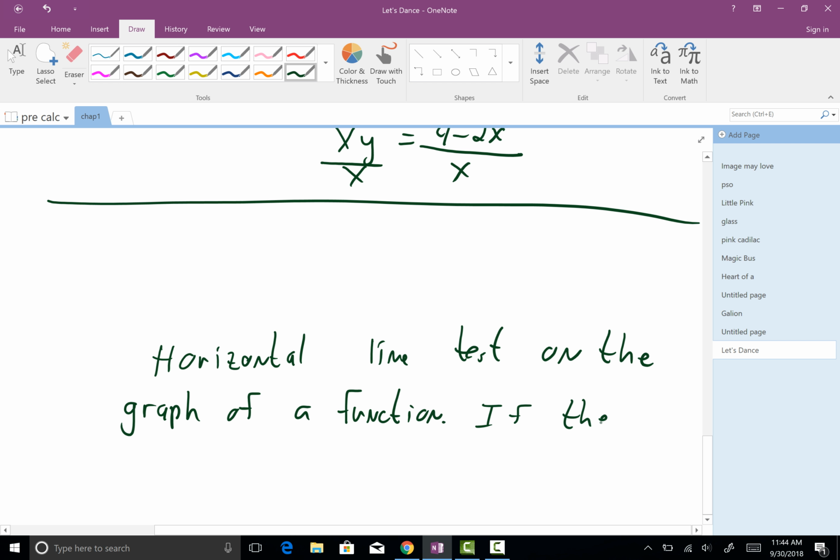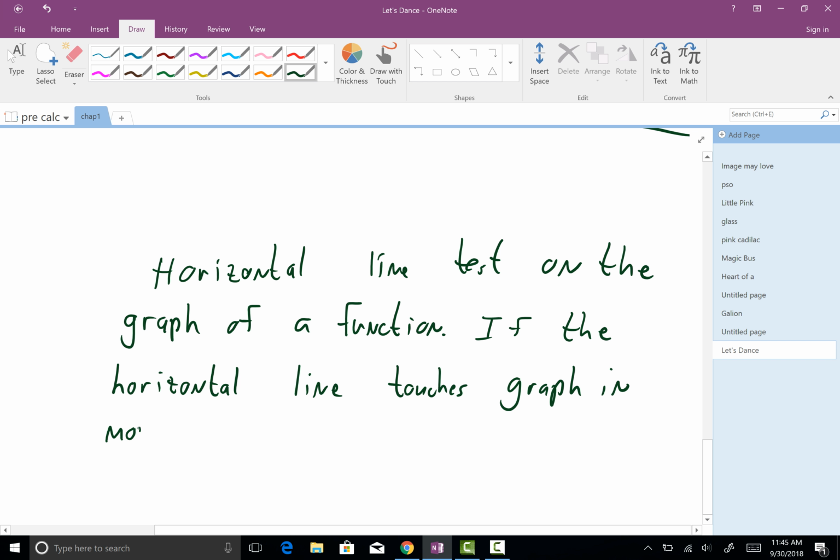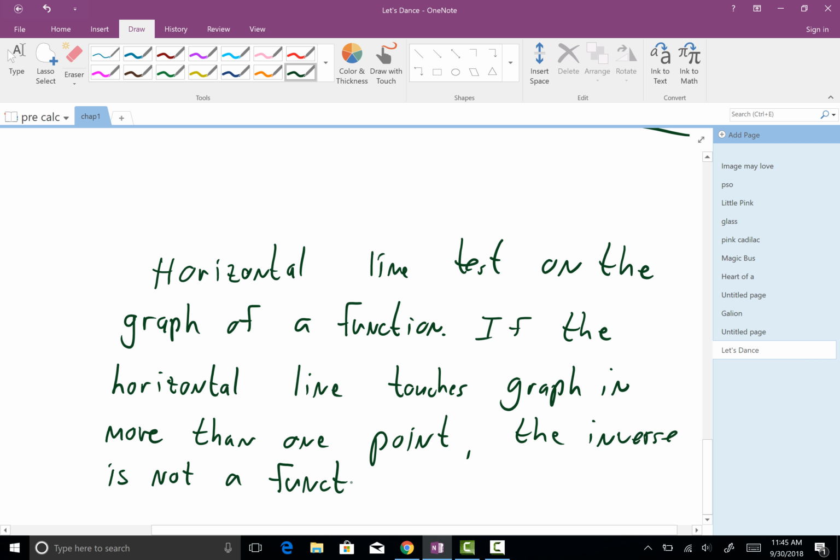If the horizontal line touches the graph in more than one spot, the inverse is not a function. All right.